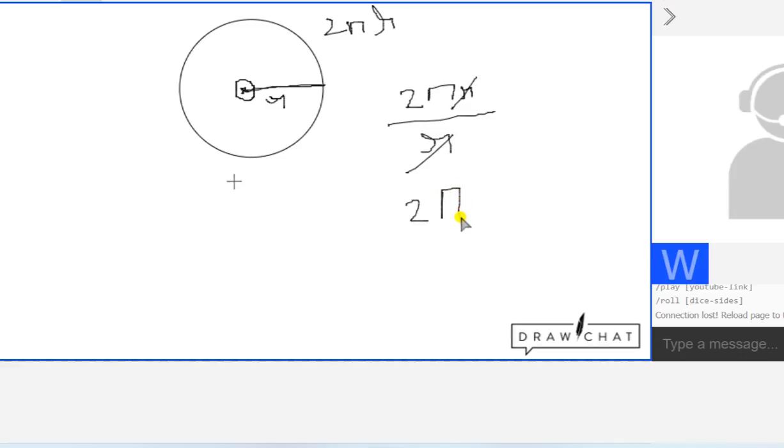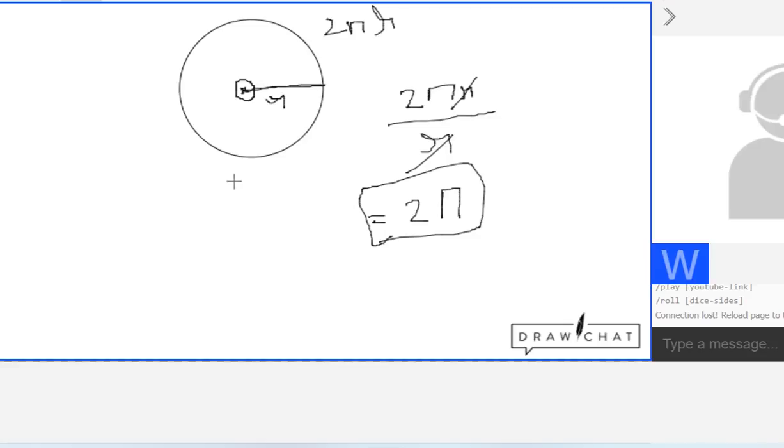So 2 pi is basically the ratio of the arc length and the radius. The arc length is the circumference and the radius is this. So we've gotten our answer, which is the measure of the rotation.